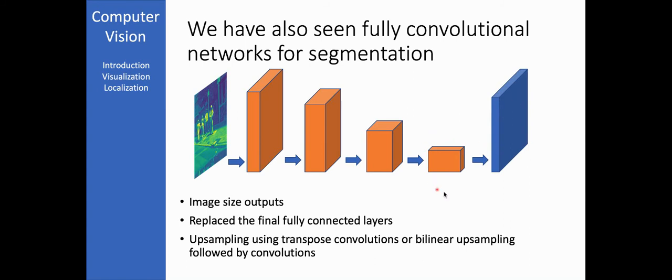So it takes this tensor and upsamples it using transpose convolutions like we've seen before in the last hour, or using bilinear upsampling followed by convolutions. So instead of converting this into a single vector by vectorizing it, I now convert this into a huge layer that has spatial size equal to the size of the image.